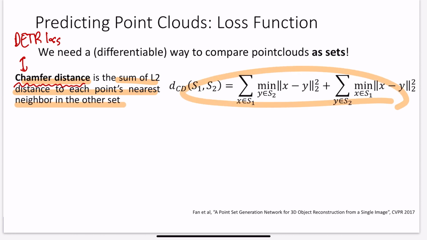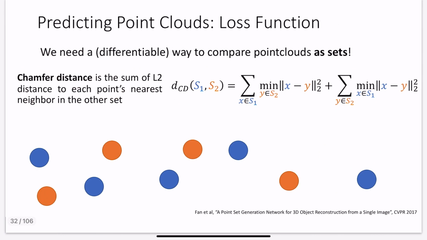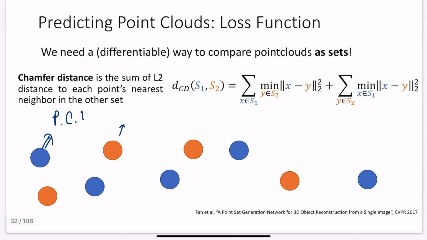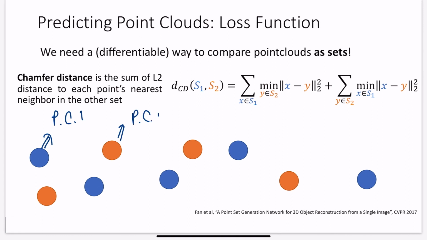Let me show an example here. Here are two point cloud sets. The blue one represents point cloud 1, let's say PC1, and the orange one represents PC2. We want to define a similarity or distance between the two point cloud sets.